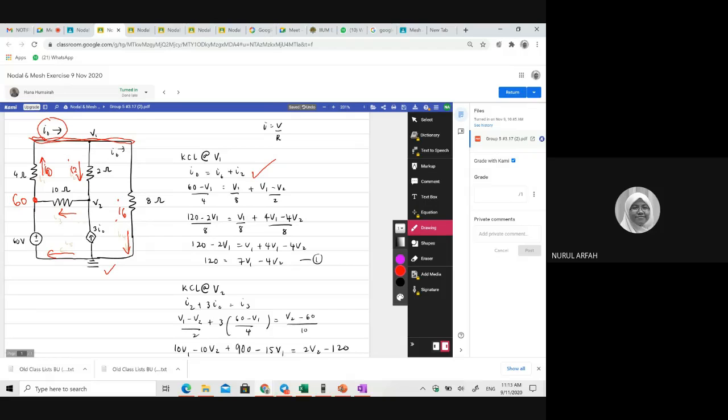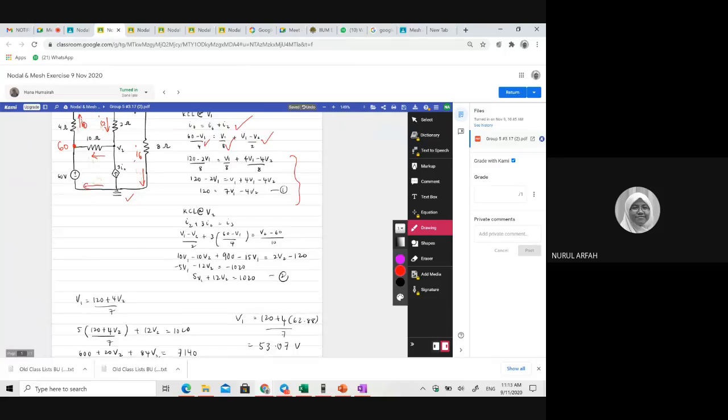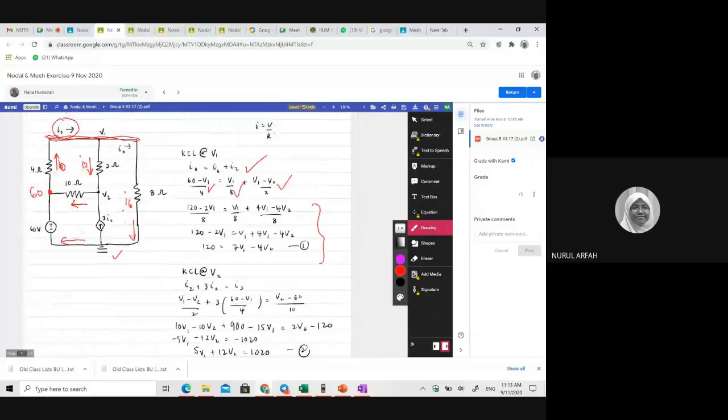Then 60 minus V1 divided by 4, correct. And then I6 equals V1 minus 0 over 8, correct. V1 minus V2 divided by 2. Yes, correct. I hope this one is also correct. And KCL at V2: the entering current is I2 plus 3 I naught, equal to I3's direction.